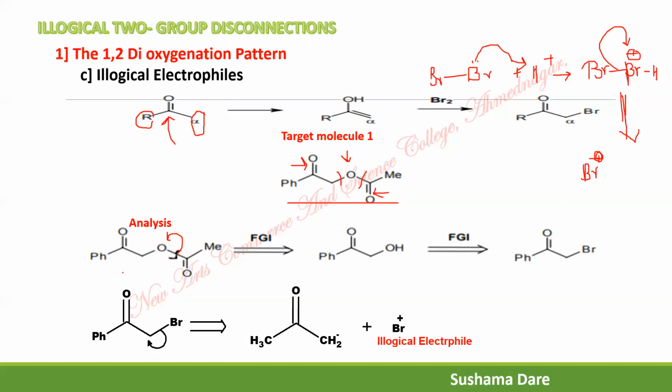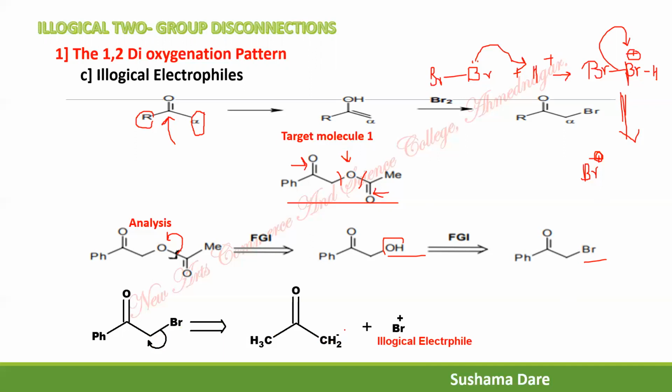After disconnection of this, the negative charge on oxygen, the best synthetic equivalent for this, you simply write down the OH. So that is PhCOCH2OH. Next, FGI: that OH you have to replace by halogen. So it is PhCOCH2Br. Now the next retro step, you disconnect this bond in the direction of the alpha carbon, because the alpha carbon is always a donor.